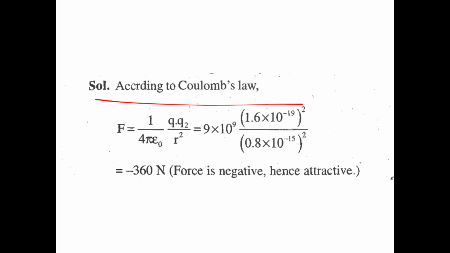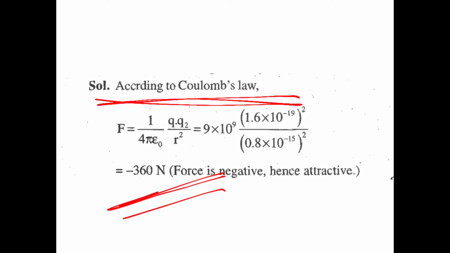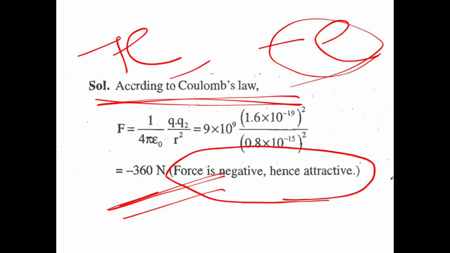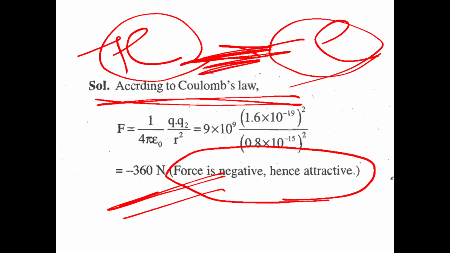According to Coulomb's law, we put in the direct formula and get this answer. As the force is negative, it is attractive, because the electron and proton have opposite charges and are attracted towards each other. This is an attractive force, not a repulsive force.